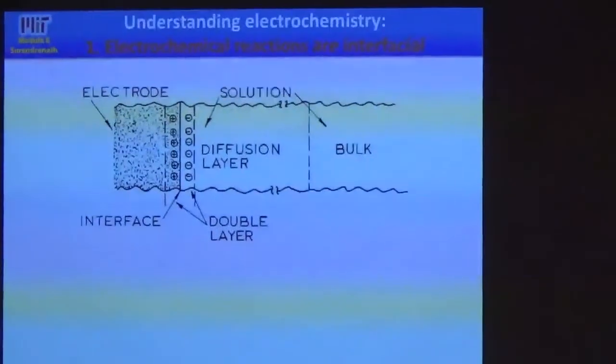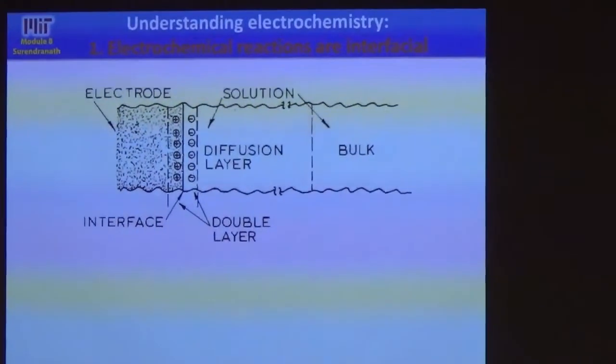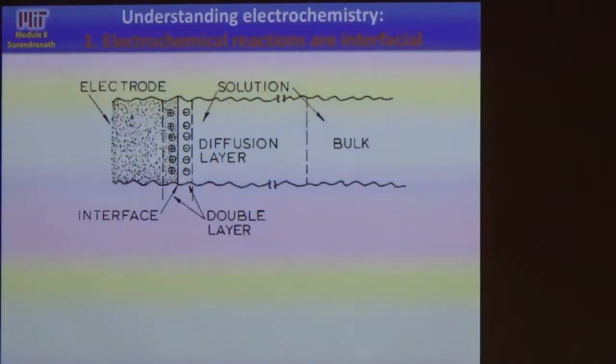Okay, so what those terms refer to is really related to something that Michael Faraday didn't have a full appreciation of at the time, but we now have a much more evolved appreciation of, which is that whenever you do electrochemical reactions, you're going to involve an interface. An interface would usually be the interface between a solid and a liquid, or more precisely, a solid and an electrolyte.